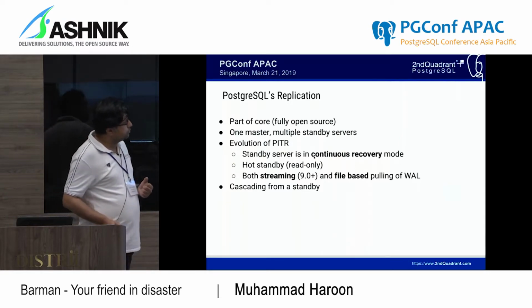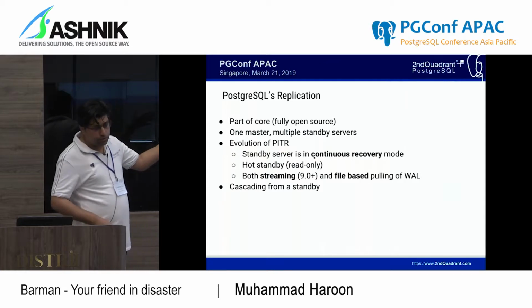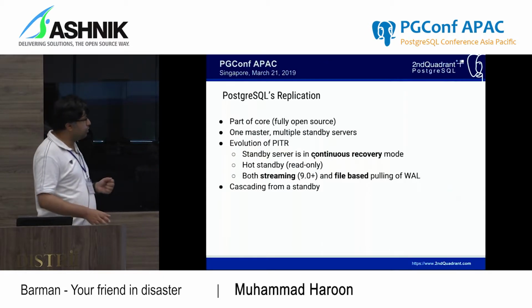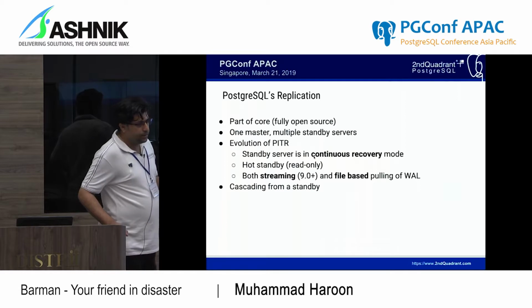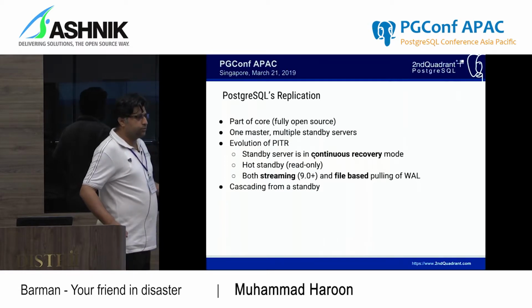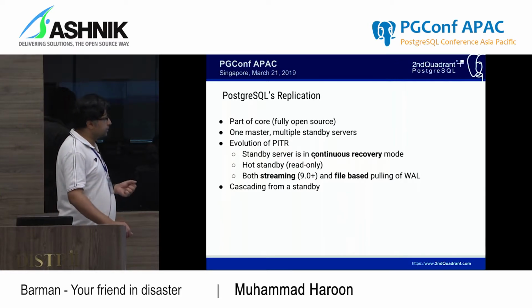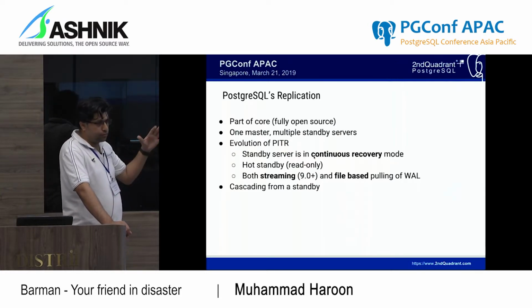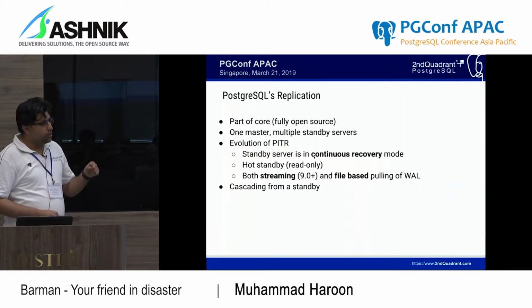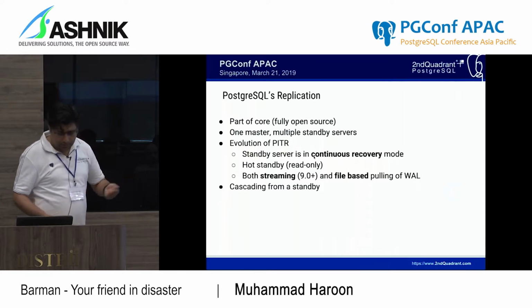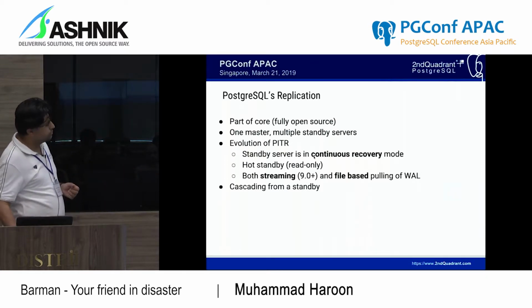It was initially introduced in 9.0, and you can top that with WAL file shipping, as we know it, as part of your archival process. Also, you can create cascading standbys. I know this information is pretty standard by now.